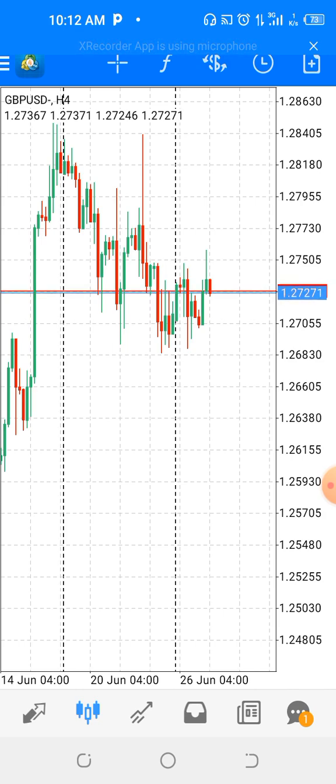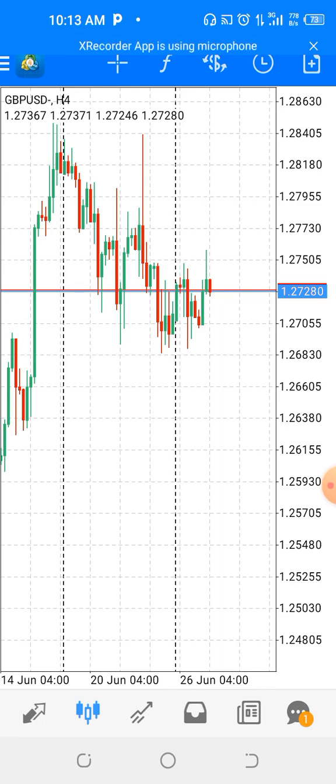All these things are what we call price action. The movement of the price, and then how we use this movement of the price to determine what is going to happen in the market, where the movement is directed. That is price action.